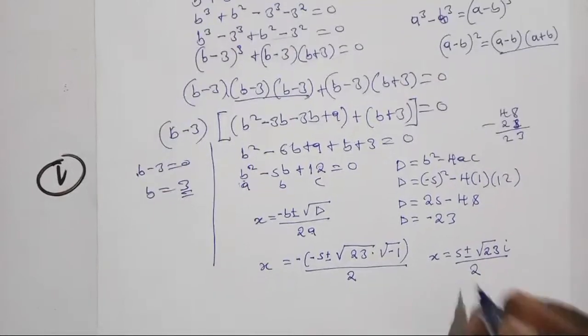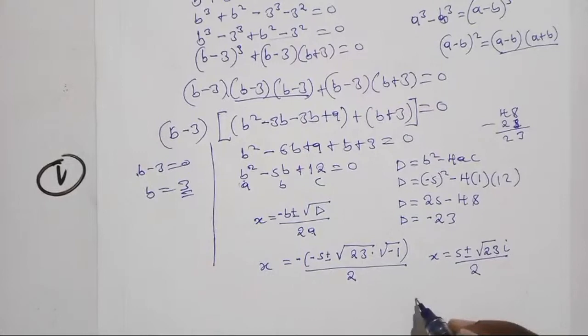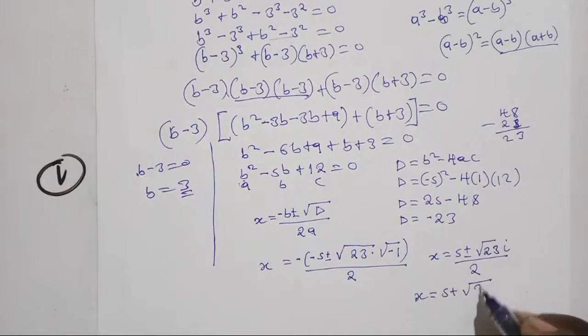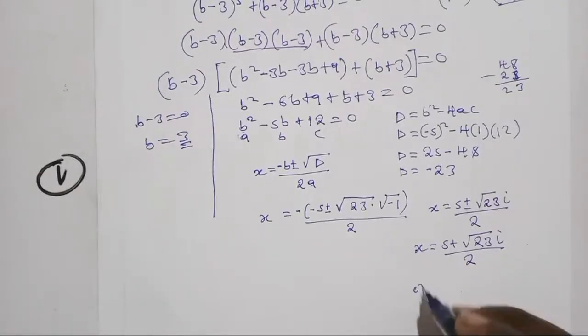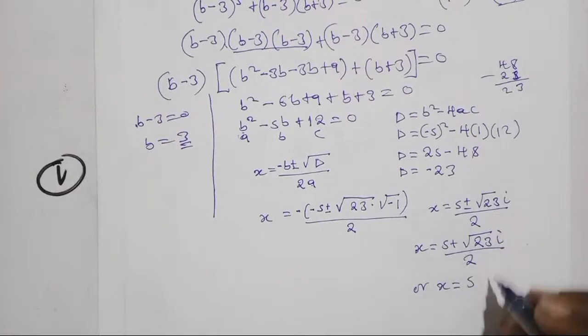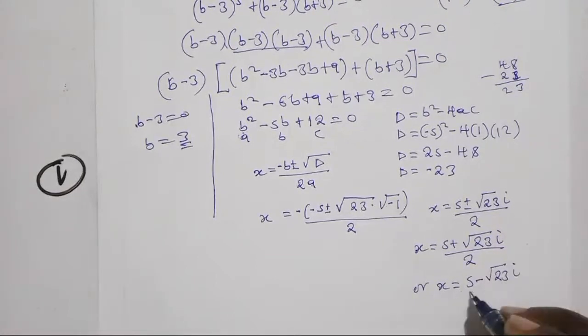Then here we have two values, in which one value is x equals 5 plus the square root of 23 over 2, or x equals 5 minus the square root of 23 over 2. So these are our answers.